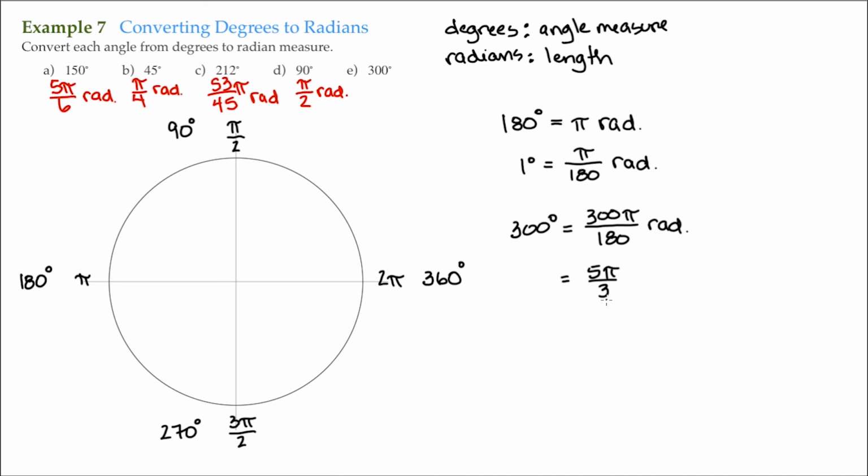You could certainly use your calculator to do your simplification here, but 30 over 18, we could do our simplifying that way. But 5 pi over 3 radians, 300 degrees, that's right around here. 60 degrees less than 360. And that's where 5 pi over 3 would come in. So that's this one. And there we have it.